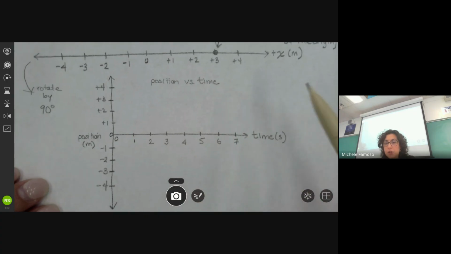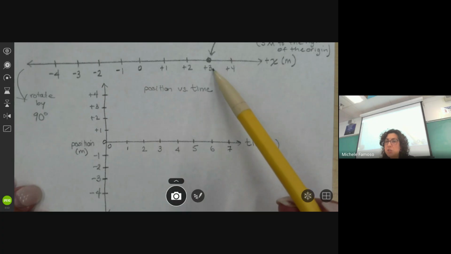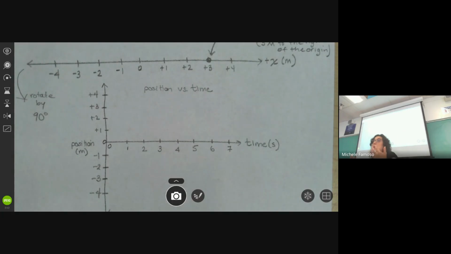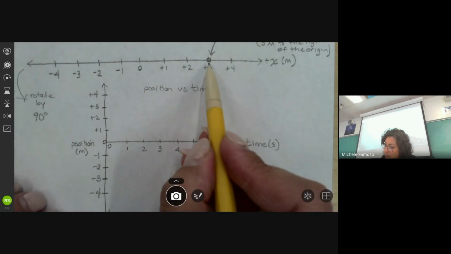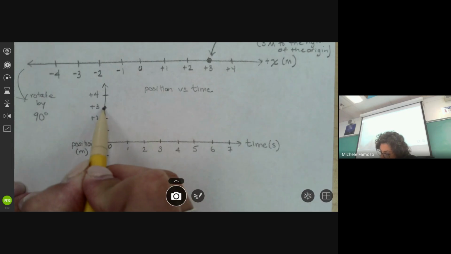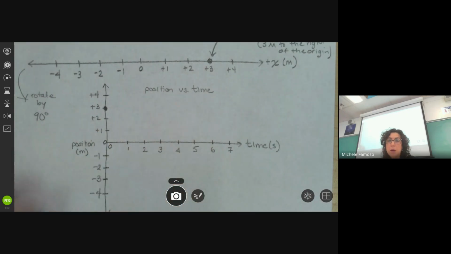So if I wanted to graphically represent this position, let's say that's where I was when I started timing the motion. I would be putting this point right there on my y-axis, because that's my starting position. My y-intercept is the starting position, initial position, we call that. Does that make sense? So instead of being to the right, when we graph it, it ends up going on the y-axis, even though it's x right and left motion.